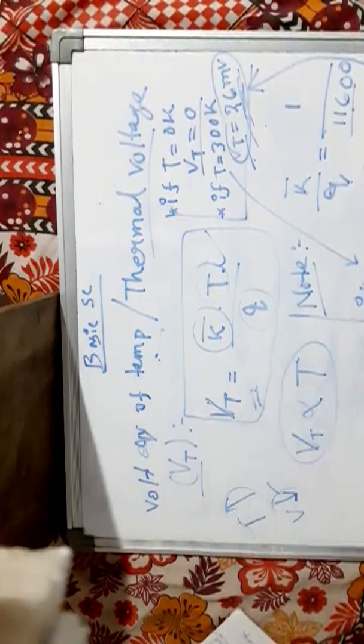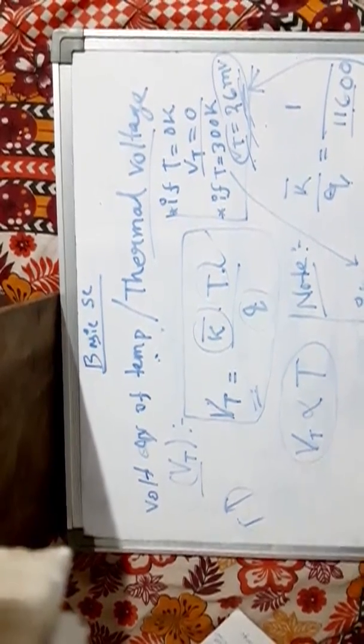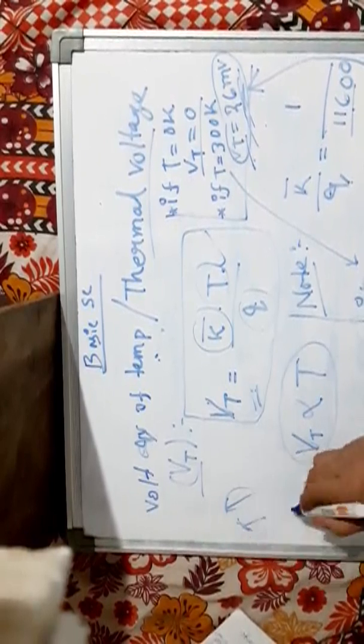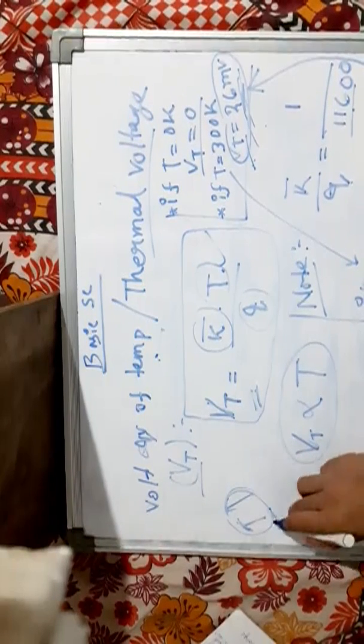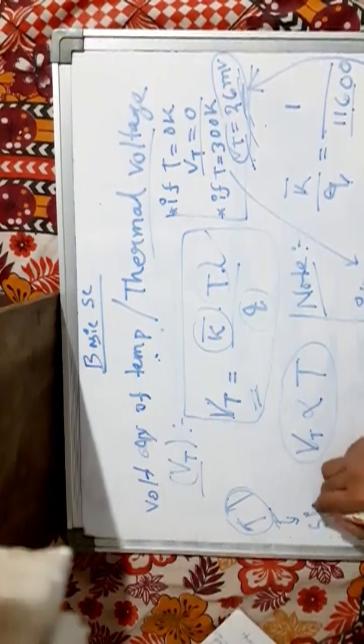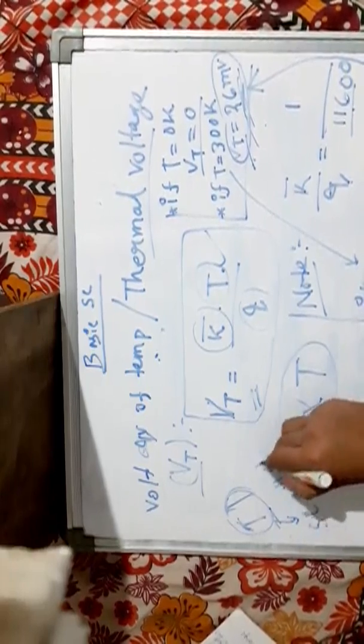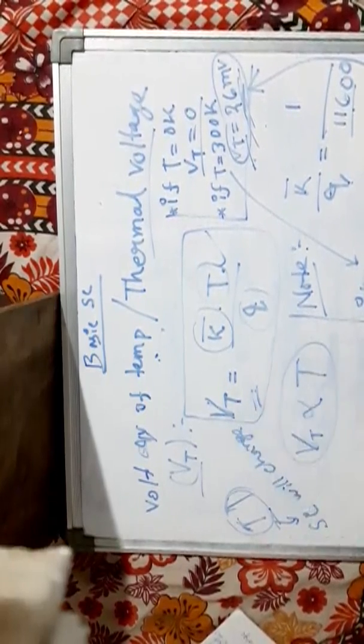That means if we increase the temperature, we can conclude that the properties of semiconductor will change. So if we increase or decrease the temperature, we get different values, that is, the semiconductor properties will change.